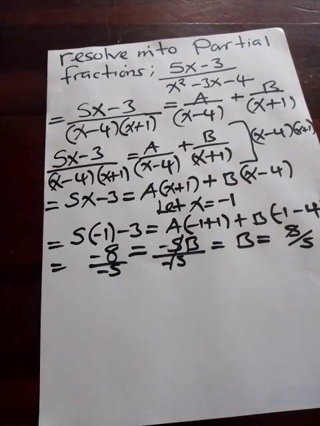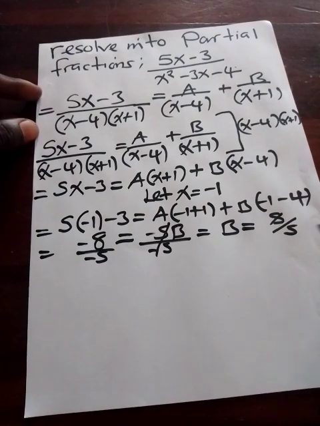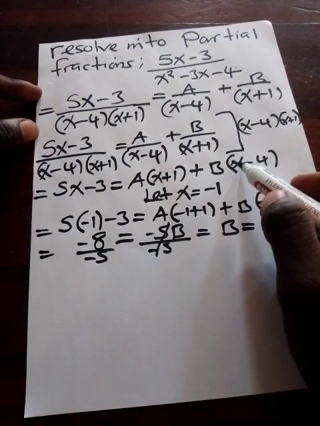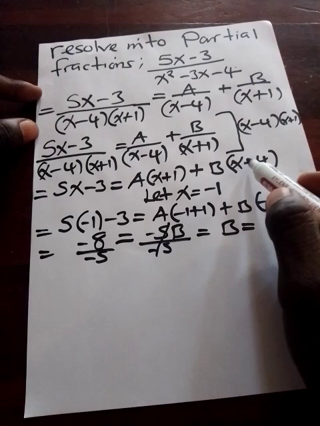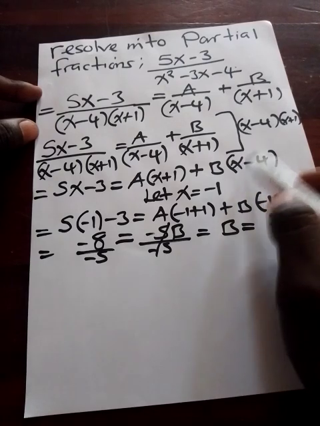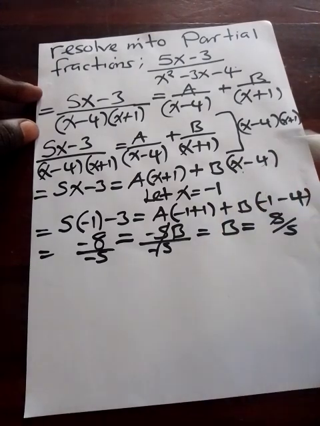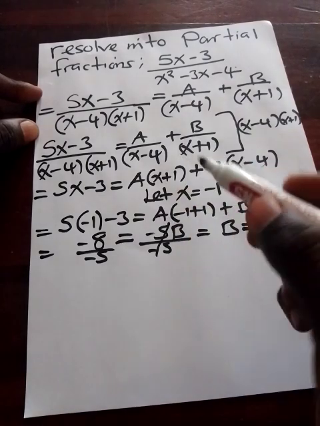So we can do the same procedure for the next one, where we let x be equal to +4, so that it will be 4 minus 4. All you want is to have a 0, so that we can only remain with one letter and then solve for it.